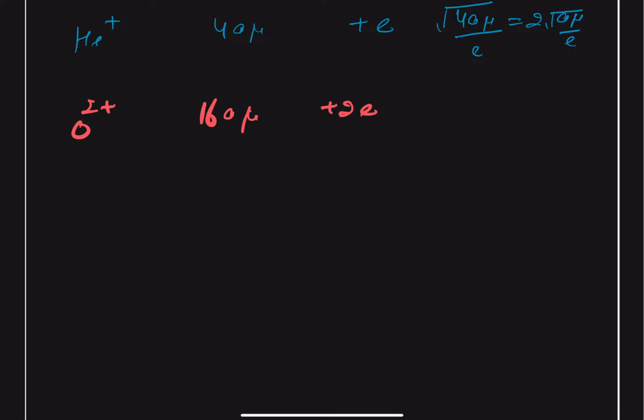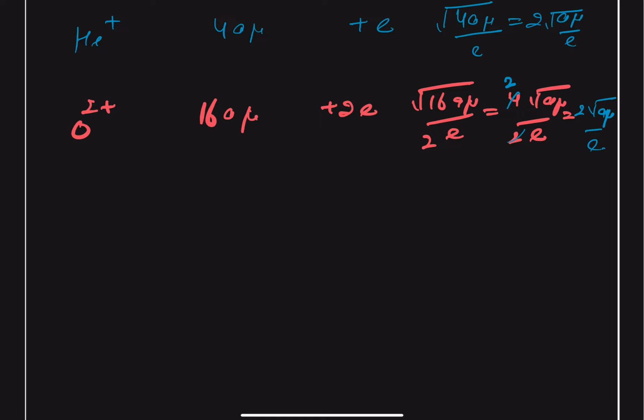So we can write this as square root of 16 A divided by 2E. Sorry, 2E, my mistake. And this will be 4, and 2 goes away. So we get 2 square root of A divided by E. So from here we can clearly see that the value of the radius for He positive and oxygen 2 positive is the same.